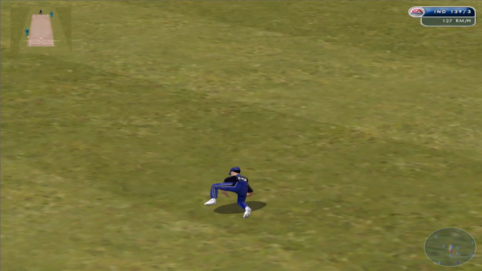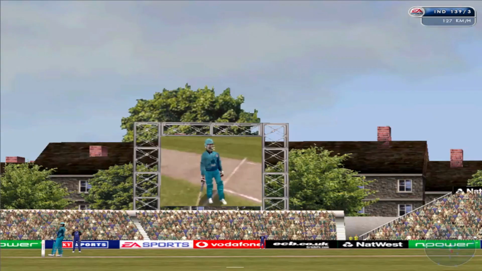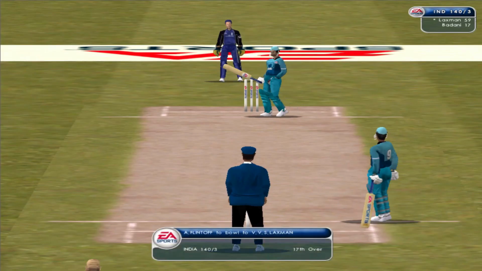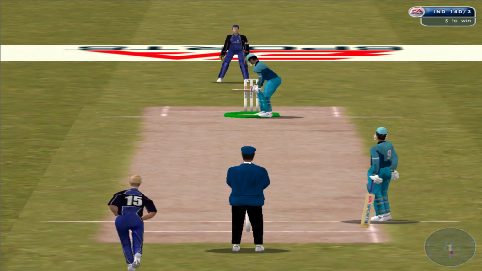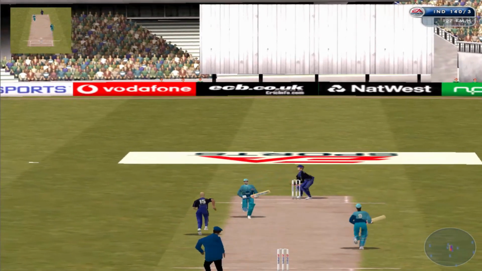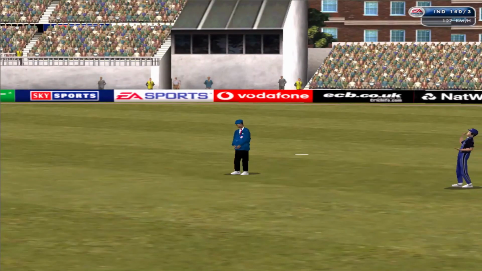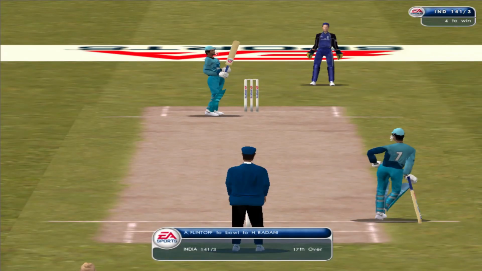It's in the air. It looked as if he was home to me. Badani facing.